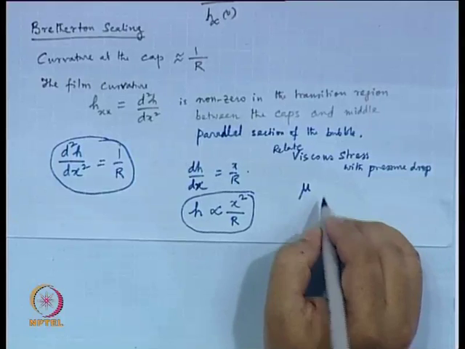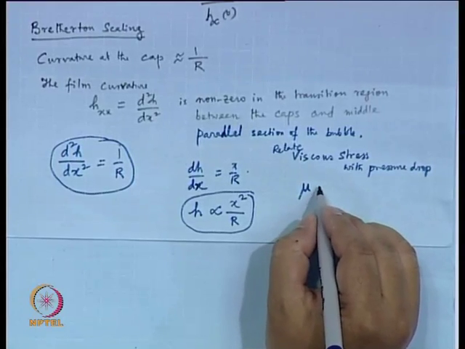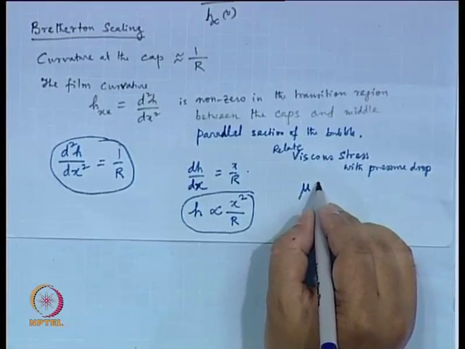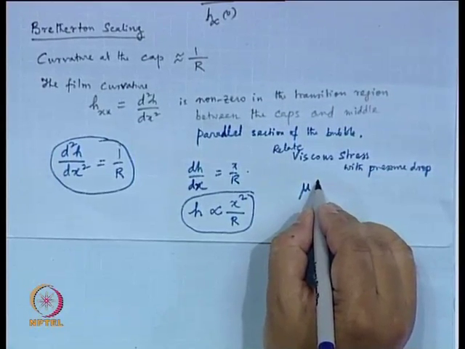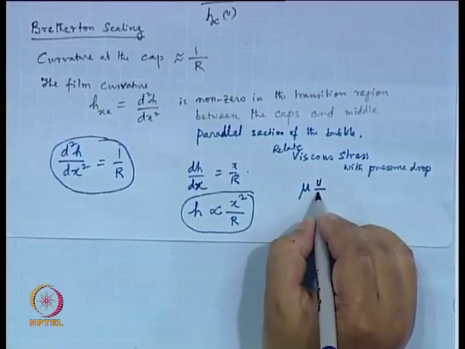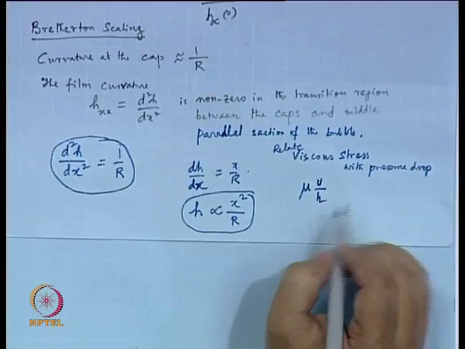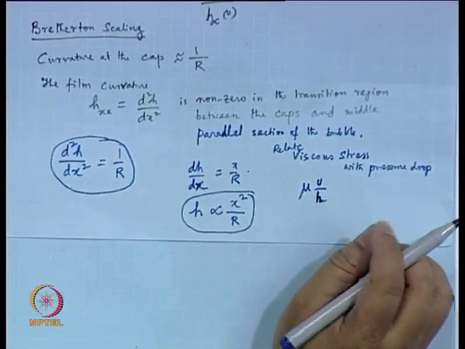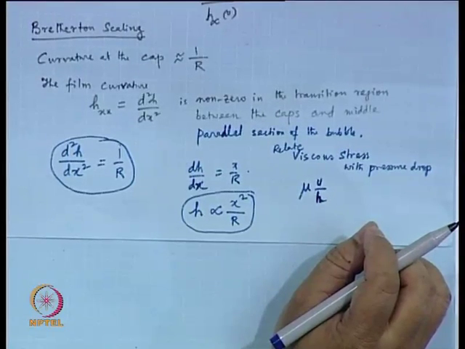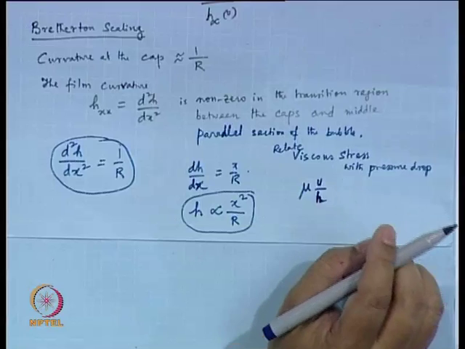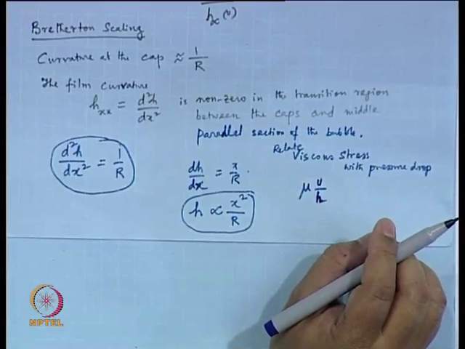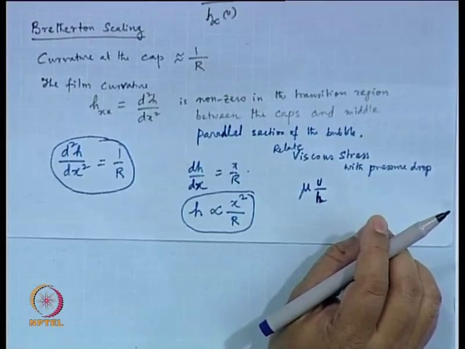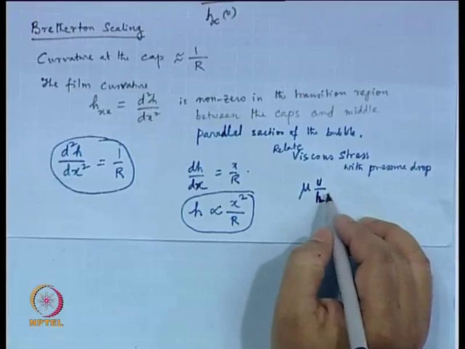I write this du/dy as u divided by h, because at y equal to 0 the velocity is 0, at y equal to h the velocity is u.